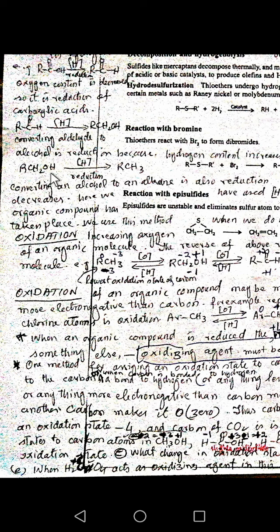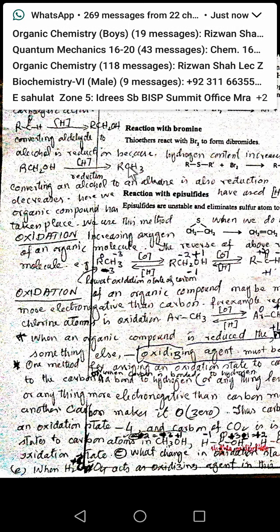This is the primary alcohol, changed into RCH3, an alkane. What has happened? Increase in the hydrogen content, or decrease in the oxygen content, is called reduction.